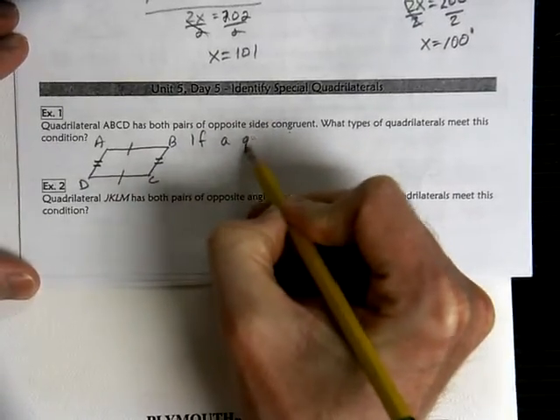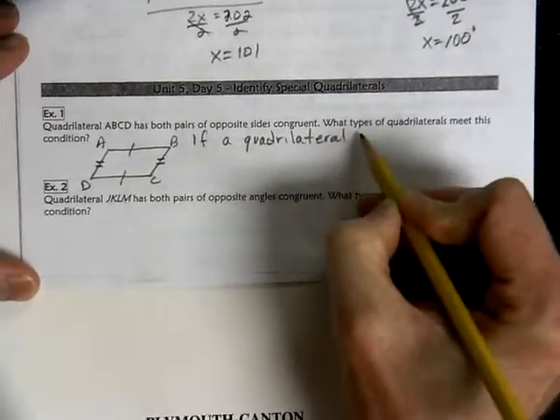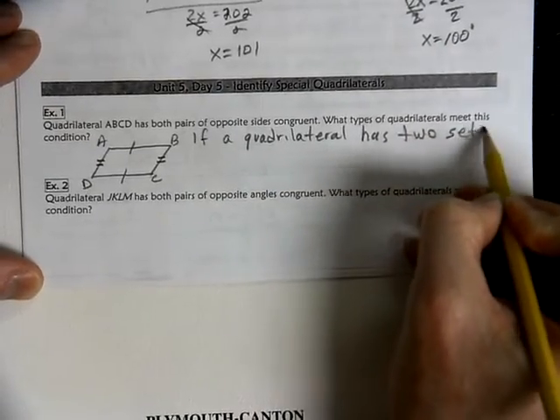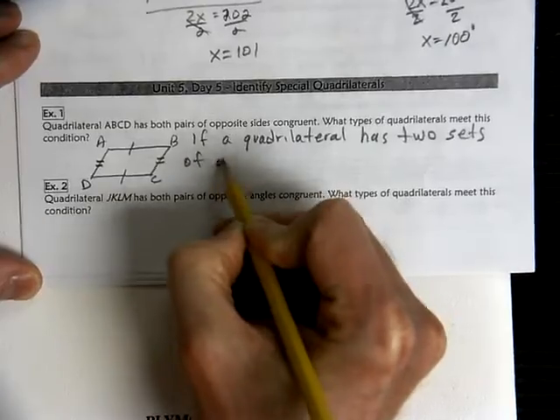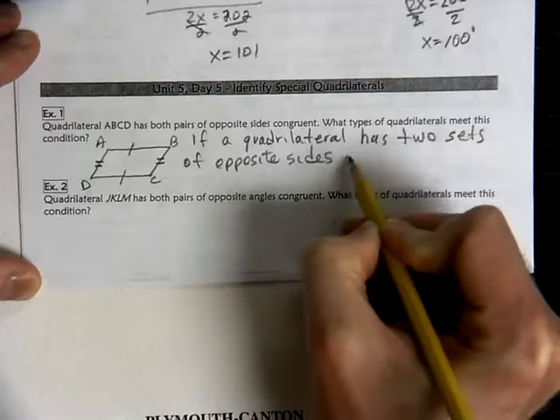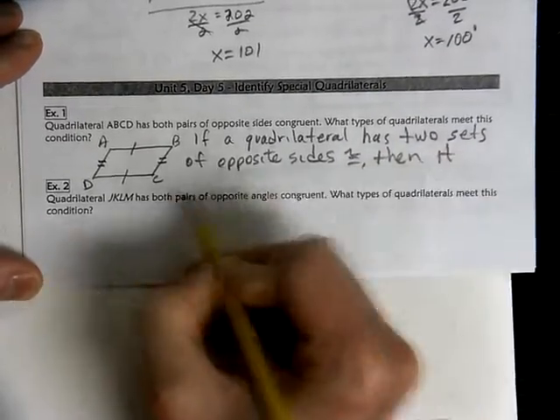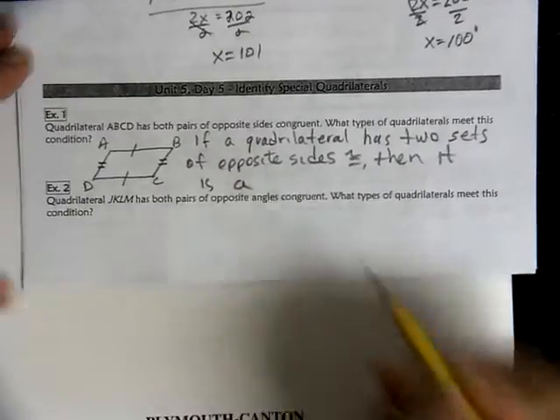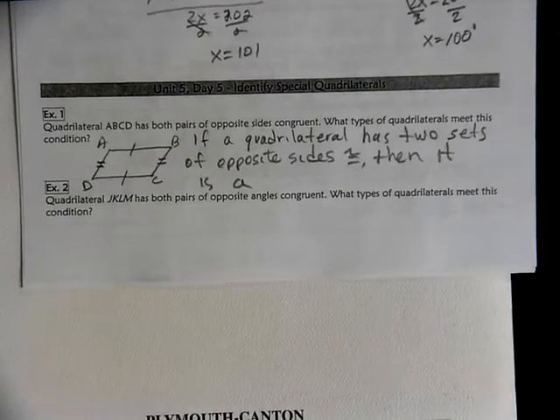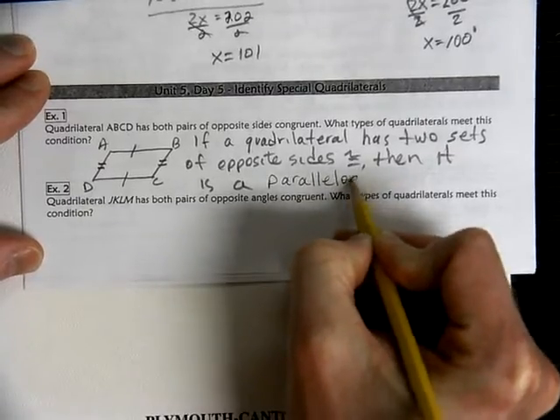If a quadrilateral has two sets of opposite sides congruent, then it is a parallelogram.